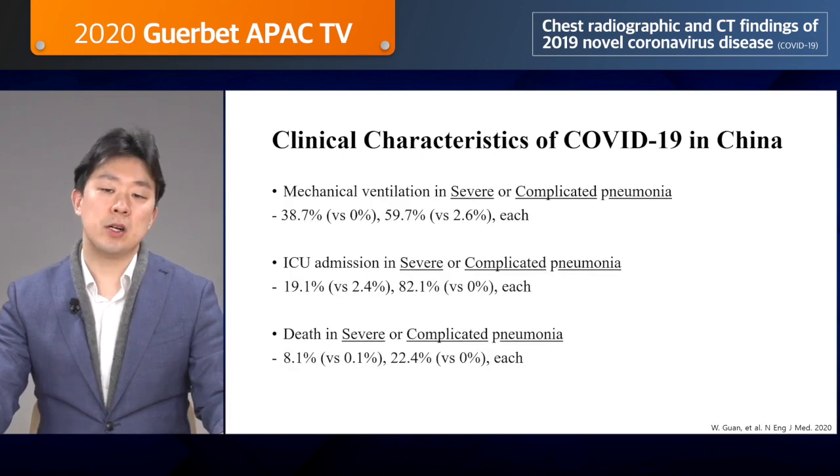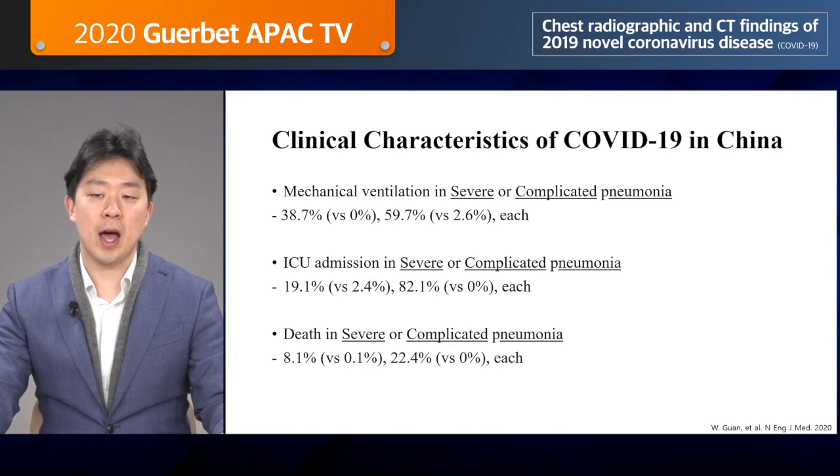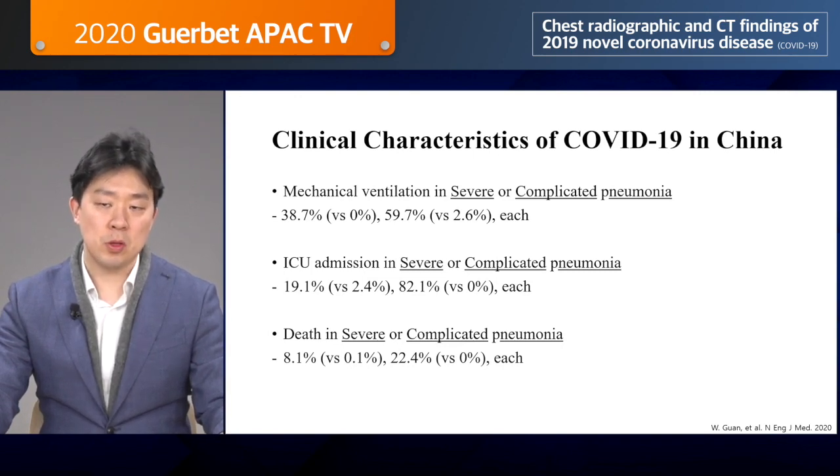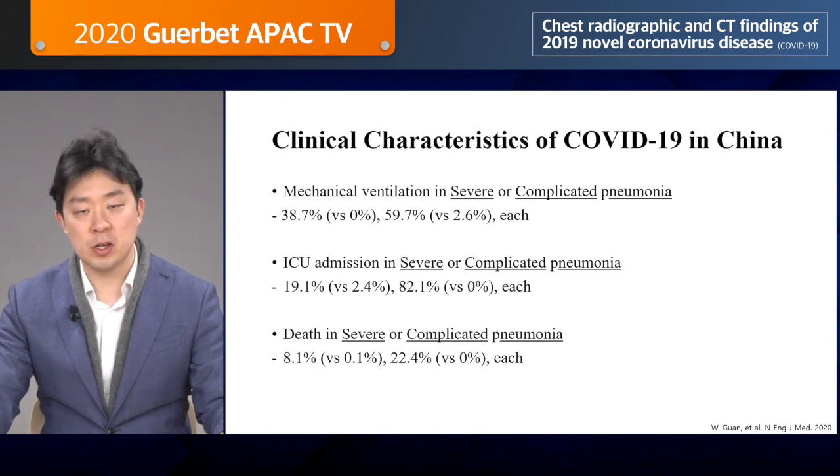Patients with severe or complicated pneumonia had higher rates of intubation, ICU admission, or death. But those who do not have these risk factors have relatively good prognosis.